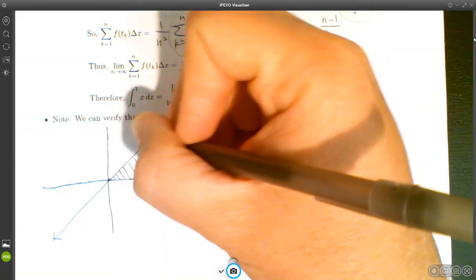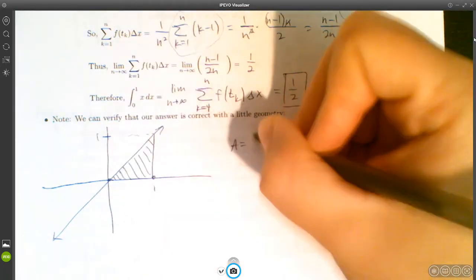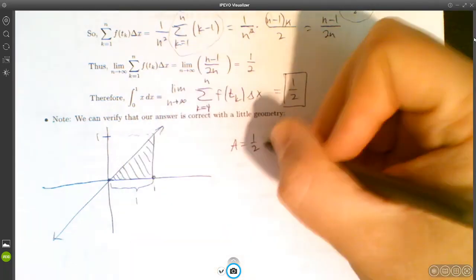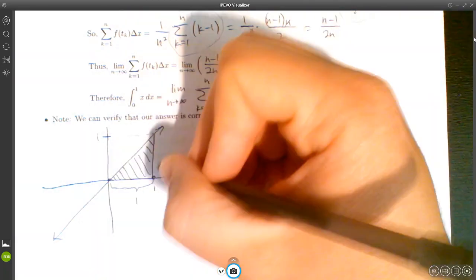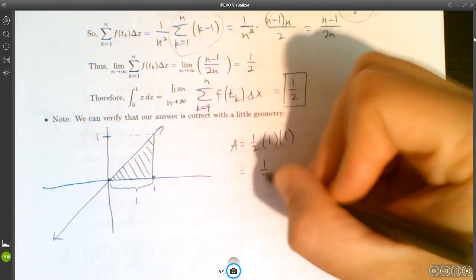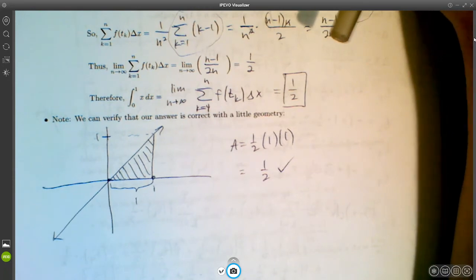The area of the triangle is 1/2 base times height. The base here is 1. The height of the triangle is also 1. Well, that's just 1/2. Sure enough, a little bit of geometry verifies it.